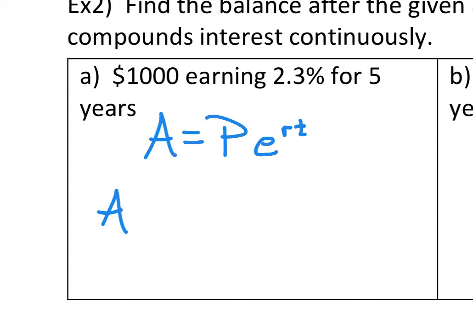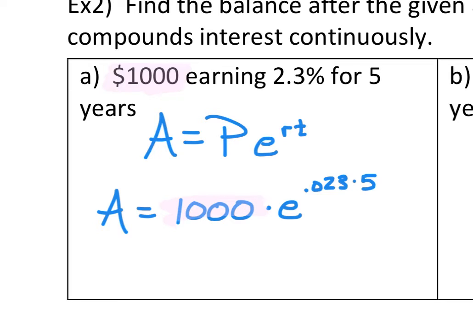And so your principal here is 1,000 times e, and then the rate is 0.023 for 5 years. To color code things for you there.